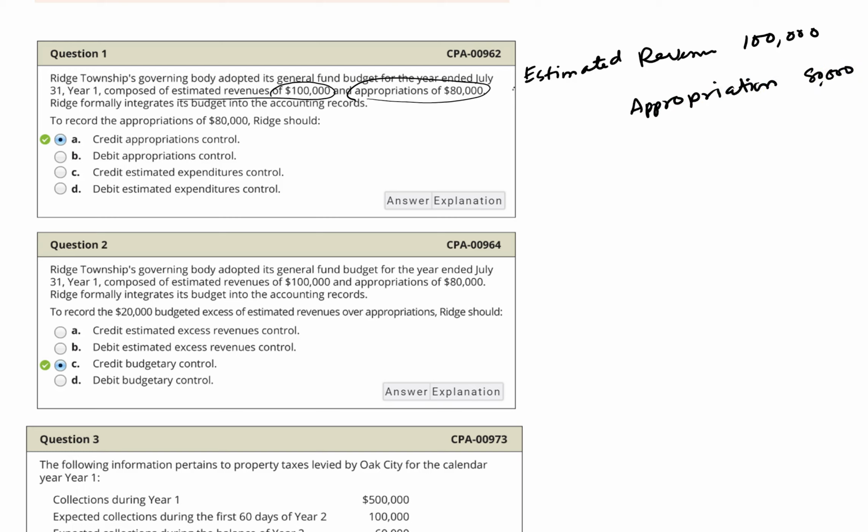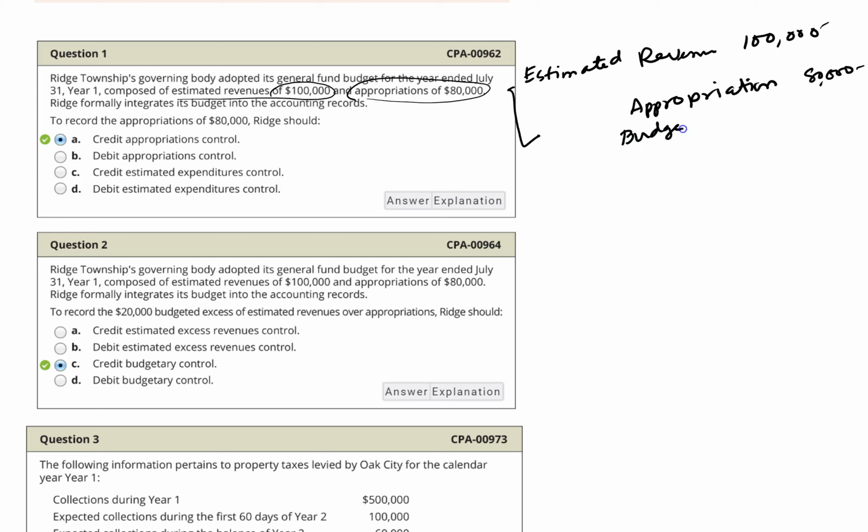So now look at the journal entry, which side is higher or which side is lower. Actually the credit side is lower, so that means their revenues are higher than the appropriations, so they will show it as a surplus. So they will credit budgetary control, or budgetary fund surplus.